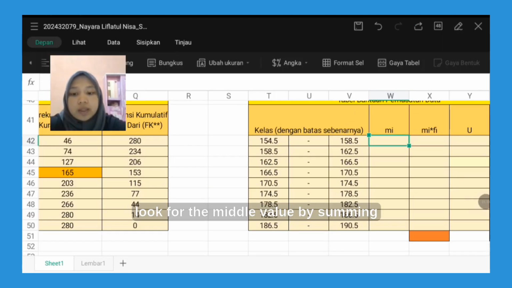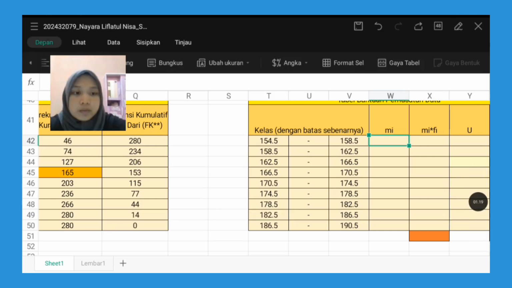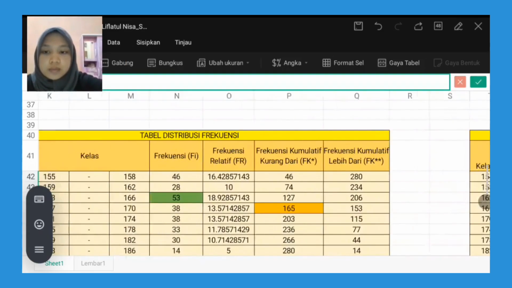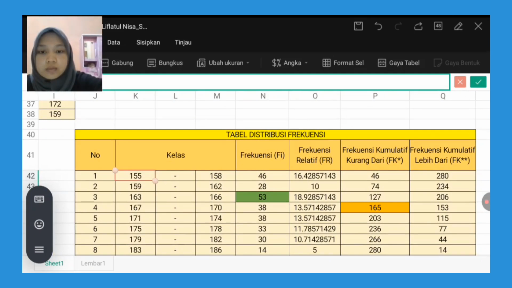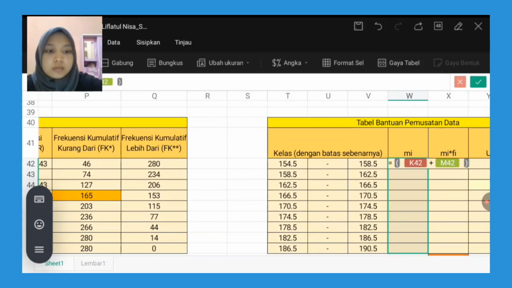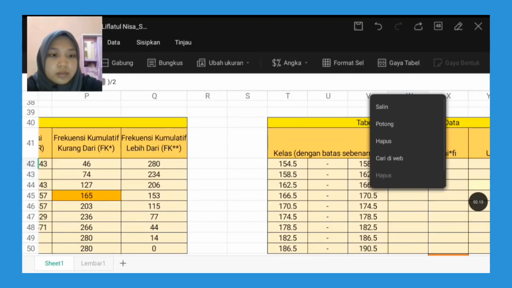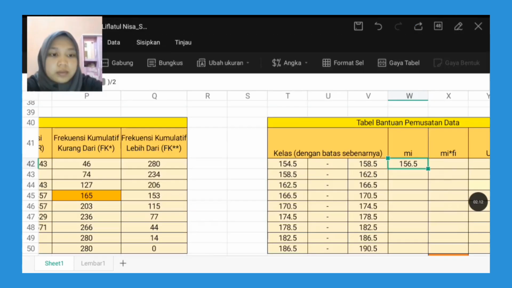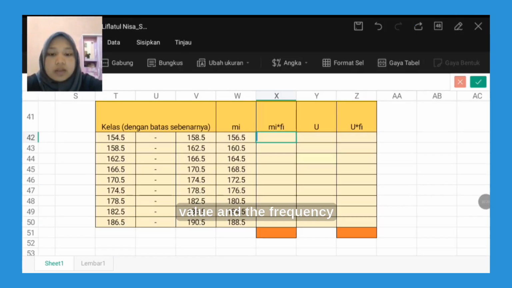Then look for the middle value by summing the upper limit and lower limit, then divide by 2. Then find the product of the middle value and the frequency.